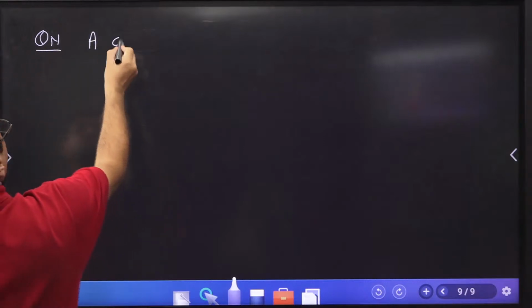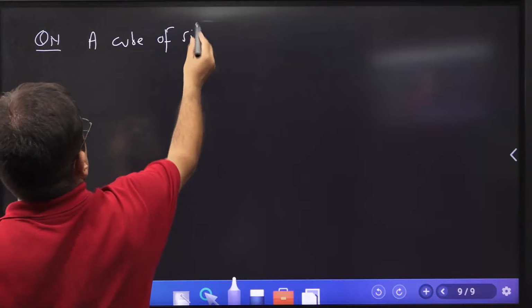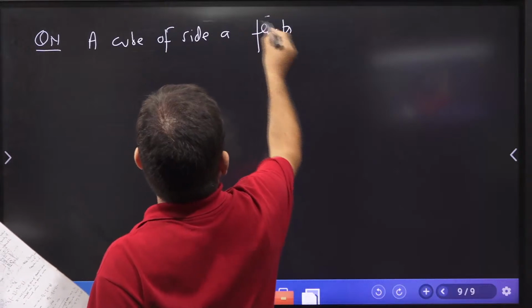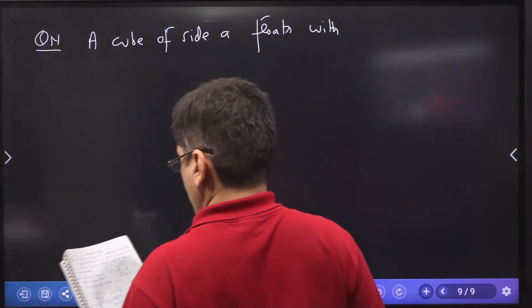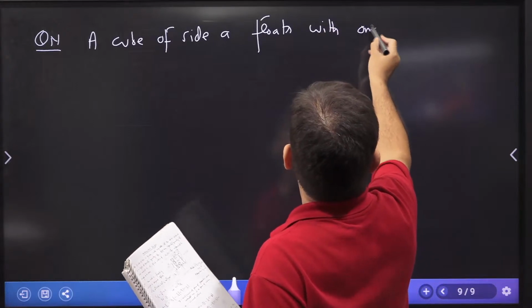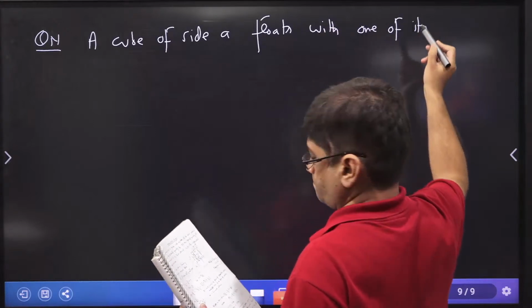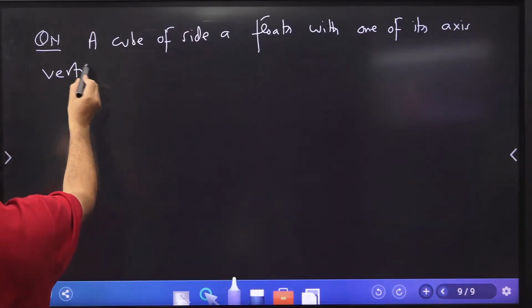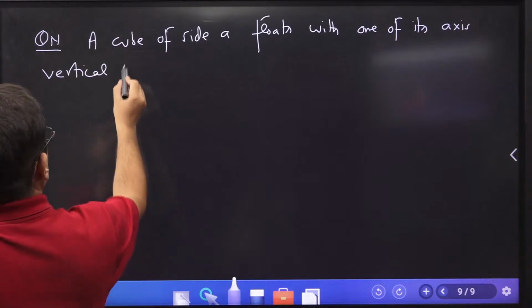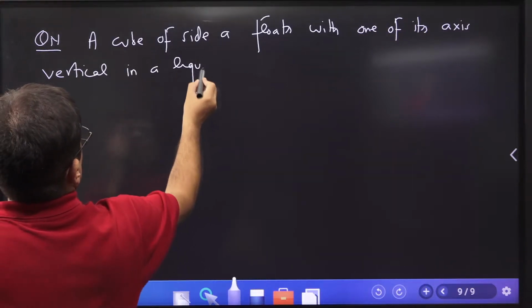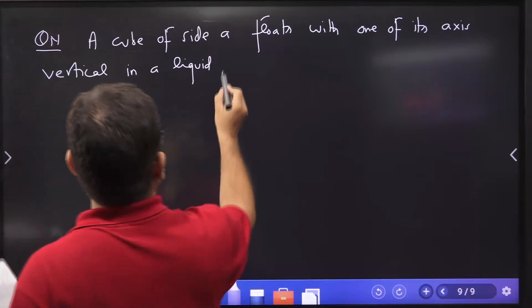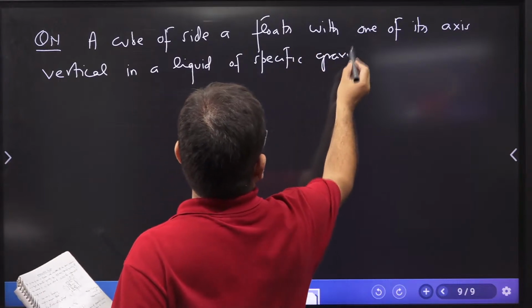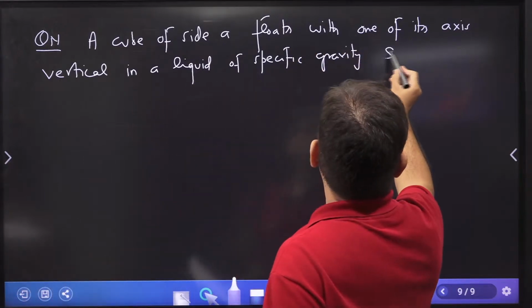A cube of side A floats with one of its axes vertical in a liquid of specific gravity, let us say SL.